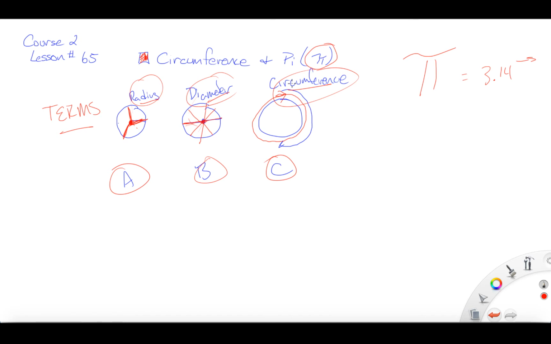So what I want to show you is something that's very unique. I'm going to draw a circle here, and for this circle, we know that pi equals 3.14. In other words, every circle has a diameter, a line that cuts through the middle. If we took this line and we bent it to go over here on the side, it would go something like that. And if we put another one on there, it would go something like that, and a third one, something like that.